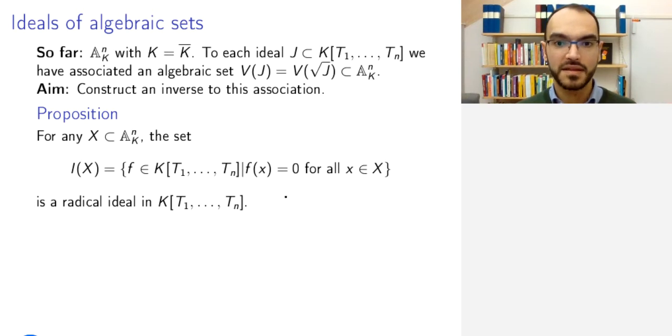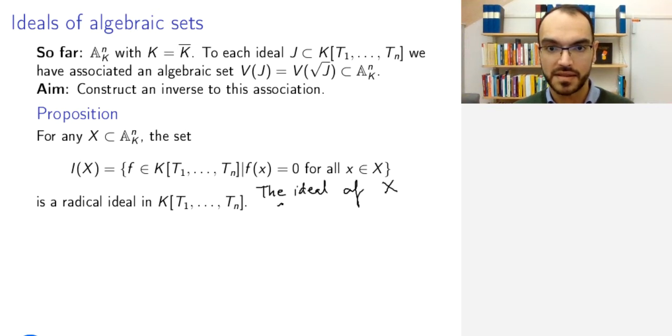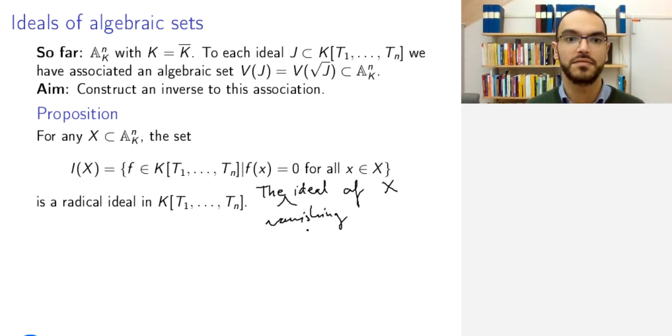And this ideal is called the ideal of X, and sometimes we say the vanishing ideal of X.